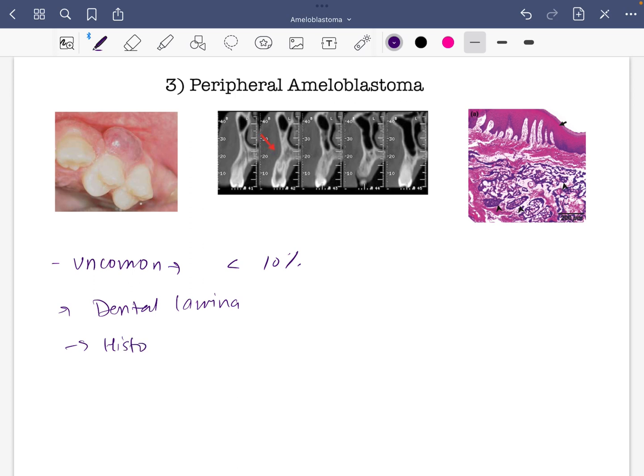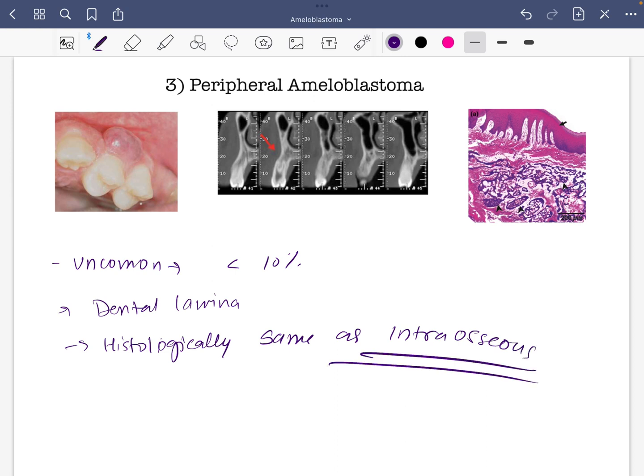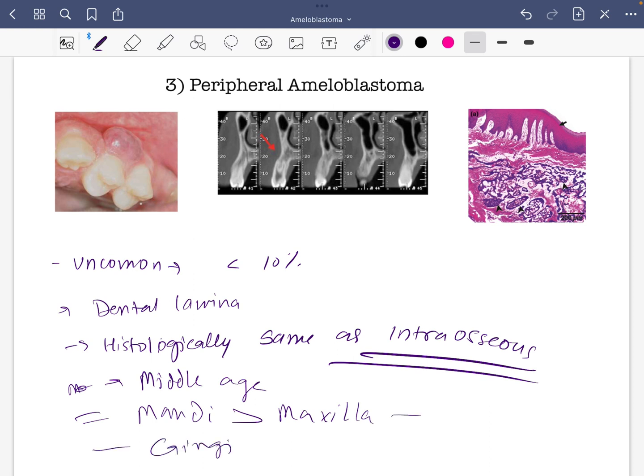Histologically, it is the same as intraosseous, everything is the same. Middle-aged people are mostly affected. It is common in the mandible, then the maxilla, in the gingiva.